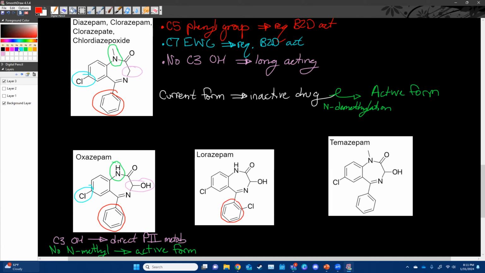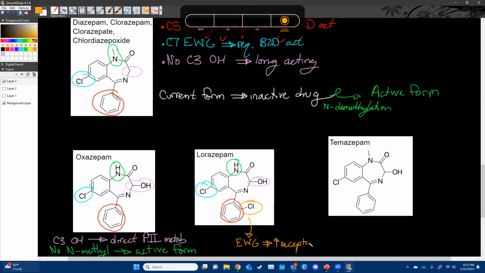We have our phenyl group, we have our chlorine, C3 OH, which makes this faster metabolized, and we have no methyl group, which means that it's in its active form. The difference with lorazepam is that we have an extra chlorine. Chlorine, as we talked about earlier, is an electron withdrawing group, and this is going to increase receptor affinity. So which drug has better activity? Lorazepam.